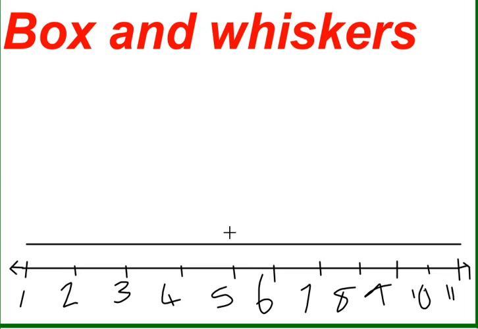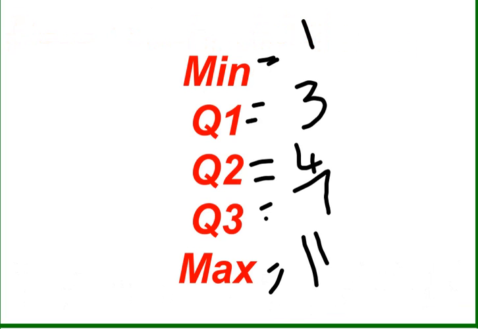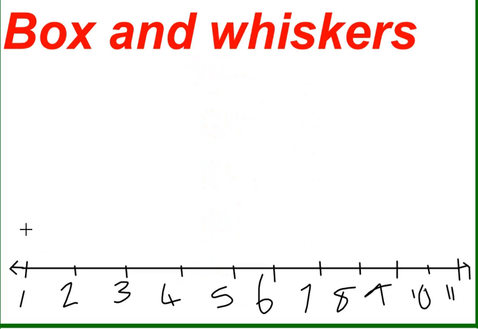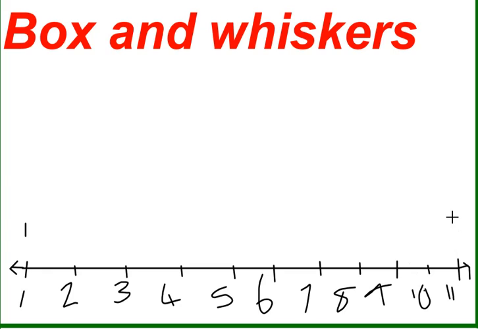So that kind of space, like I've shown in this slide. So let's start off by plotting our 1 for the minimum. So you just put a small line there. Some people put dots on there. It's still the same thing. Just a small stroke on 1, and then a small stroke on maximum, which is 11. A small one.